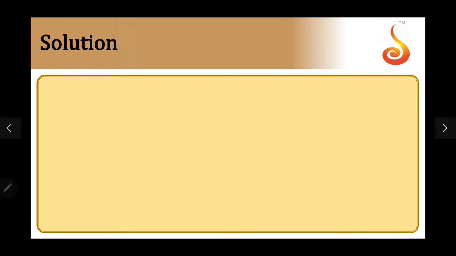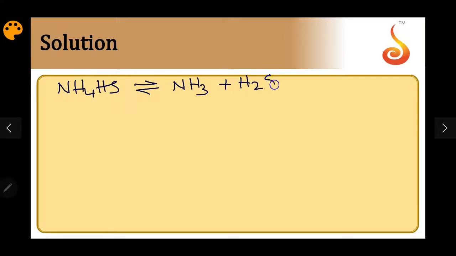So what is the equation we have? NH4HS gives rise to NH3 plus H2S. This is solid, these are gases. Initially, the solid is in excess, we don't require that.